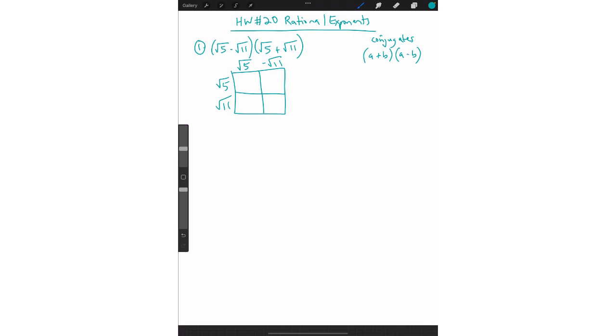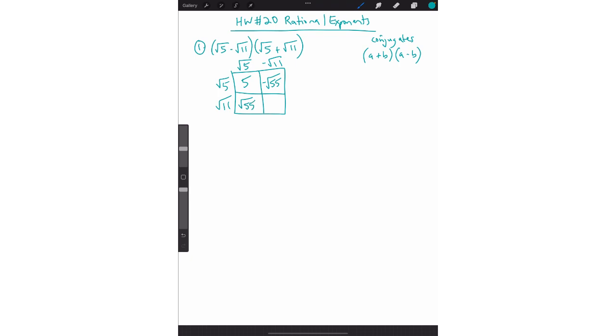All right, square root of 5 times square root of 5 gives me 5. The square root of 5 times negative square root of 11 will give me negative square root of 55, okay? 5 times 11 is 55. And then I'll have positive square root of 55 because 5 times 11 is 55.